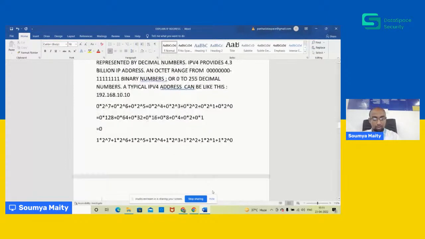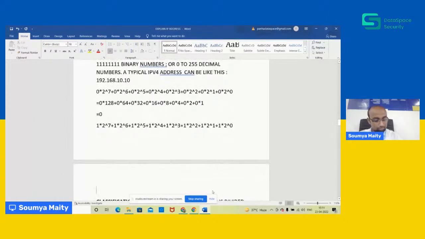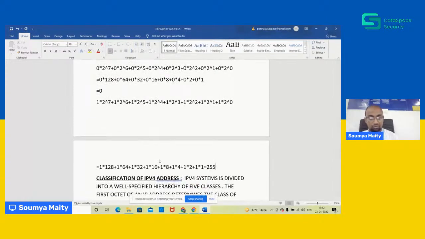So there are eight 1s. The value will be 1 multiply 128 plus 1 multiply 64 plus 1 multiply 32 plus 1 multiply 16 plus 1 multiply 8 plus 1 multiply 4 plus 1 multiply 2 plus 1 multiply 1. So the value will be 255.